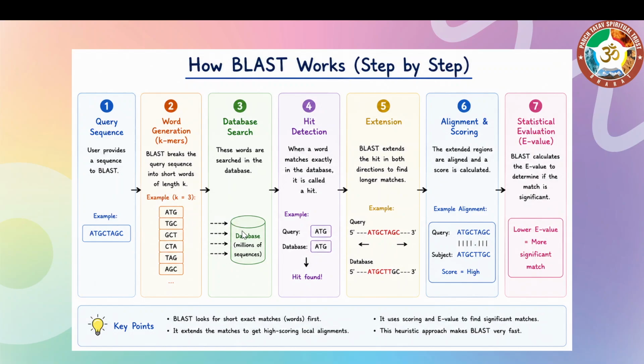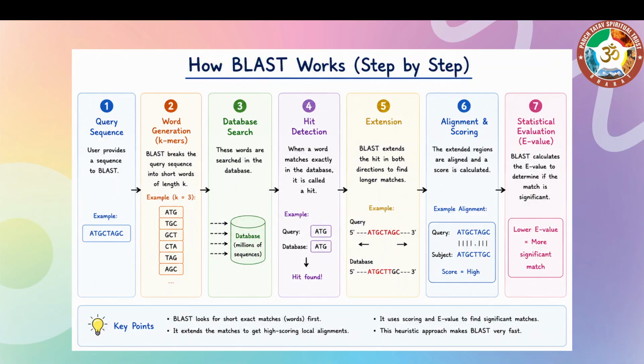Now the question is, why does BLAST do this? Why is BLAST breaking our sequence into words of size 3? Let's understand this with an example. Imagine that you are searching for your friend in a huge city.